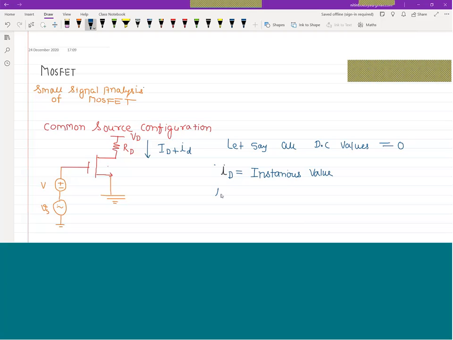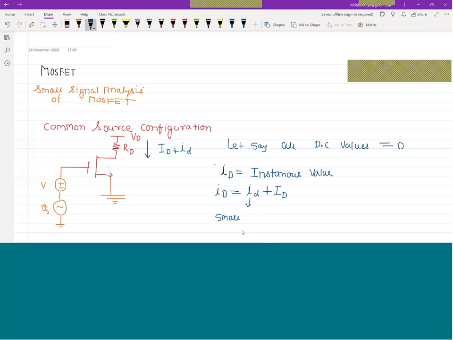And ID is the summation of small id plus capital ID. So this is a summation of two things. The instantaneous value; this represents the small signal component. Why are we saying small signal component?